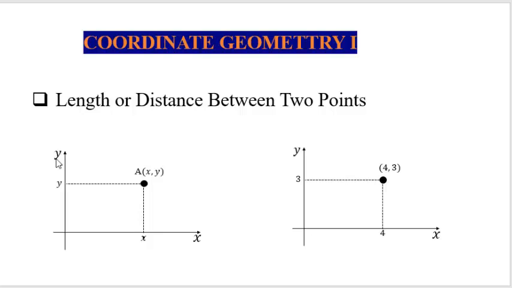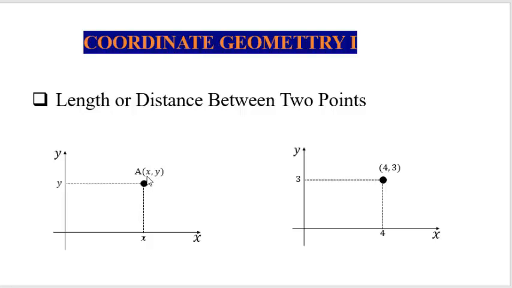Now, let us consider any point in the xy plane. So we could see that there's a point here in the xy plane. Now this point is labeled point A.